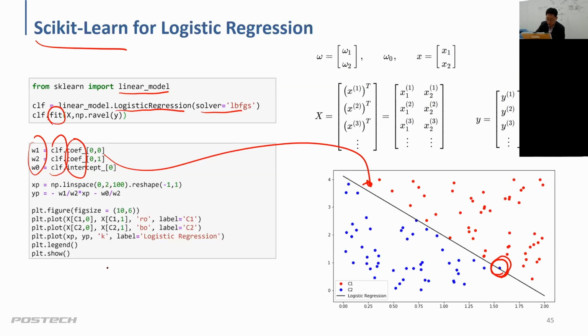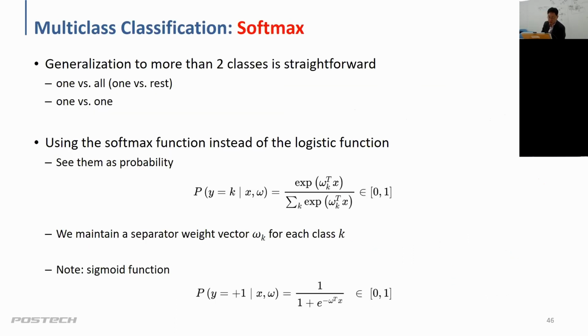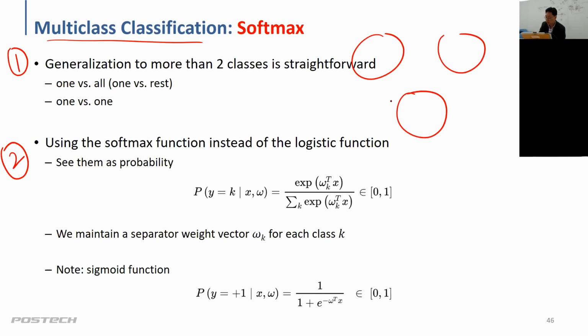Up to now, what I did is logistic regression for binary classification problems. But if you make it more general, there are not many cases of binary classification. We do multi-class classification problems. For multi-class classification, we have two different methods that I want to explain. The first one is, suppose we have three different groups, say C1, C2 and C3.